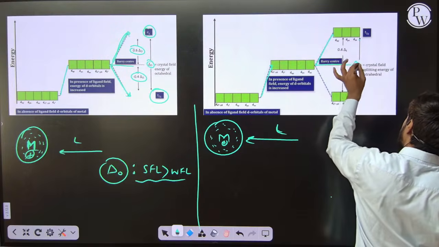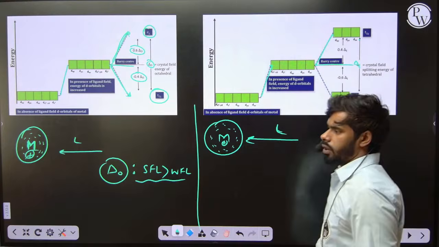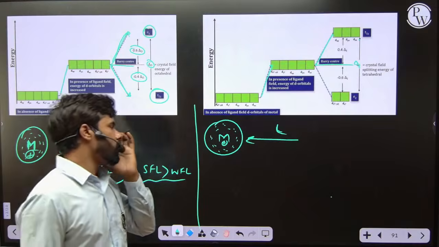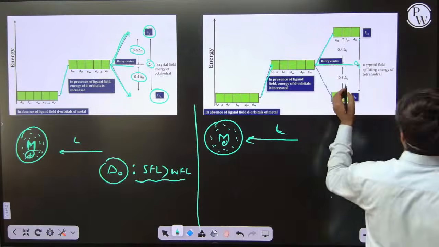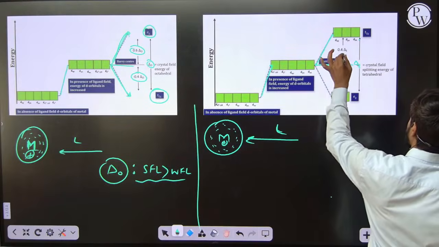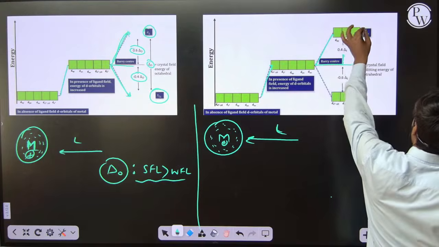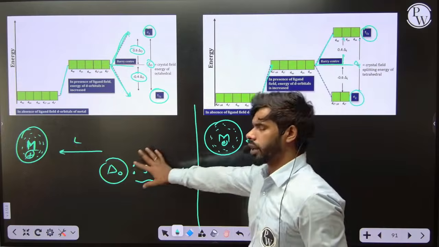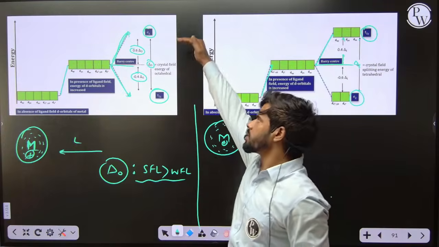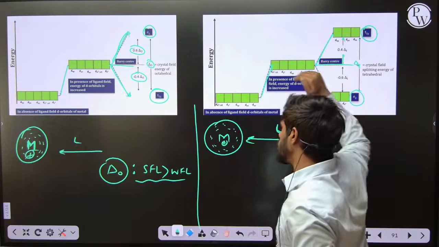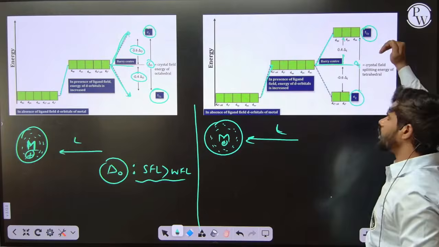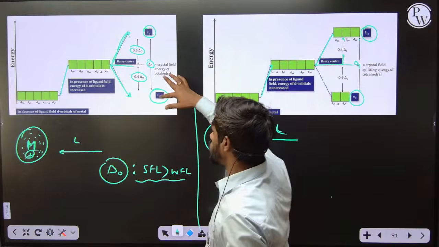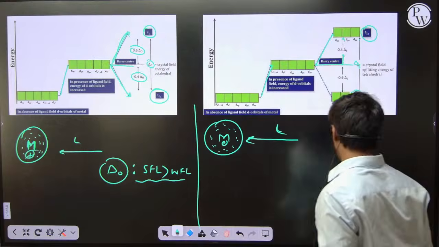That is delta t, which is known as the tetrahedral splitting. From the barycenter, the energy is increased for the T2g. So it is basically the reverse of octahedral. In case of octahedral, eg energy is increased. In case of tetrahedral, T2g energy is increased. The energy gap is also reversed, we can say.